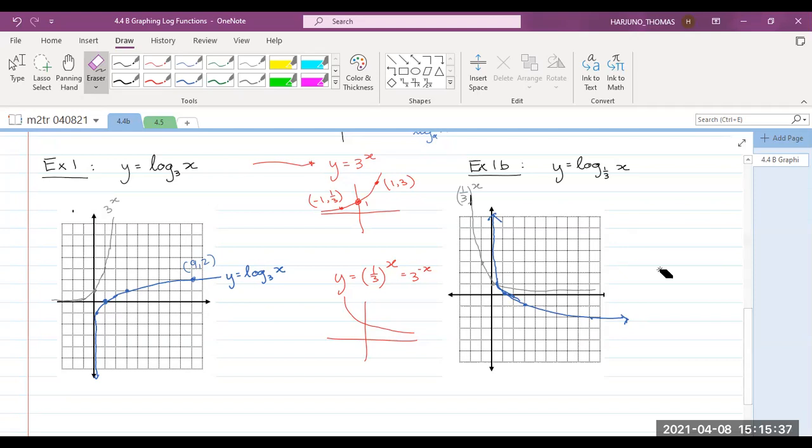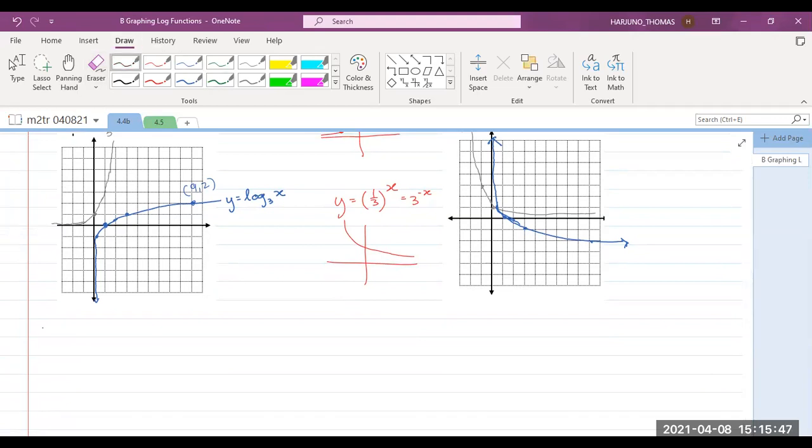Now, based on these two log functions, let's take a look at what it will look like if we do the following.